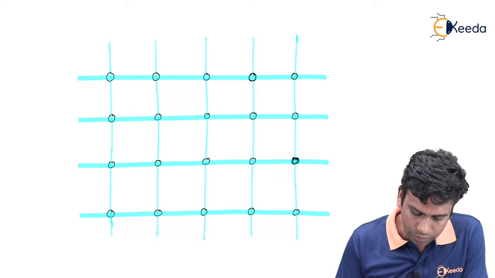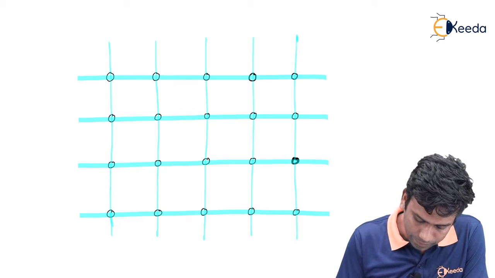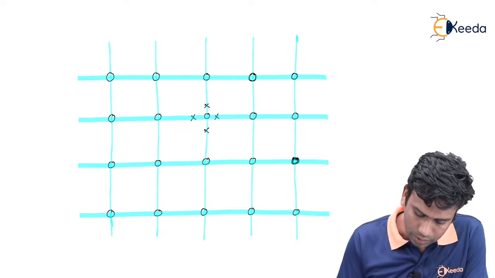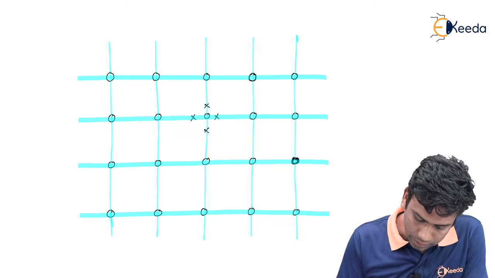With every silicon we know that there will be 4 valence electrons.